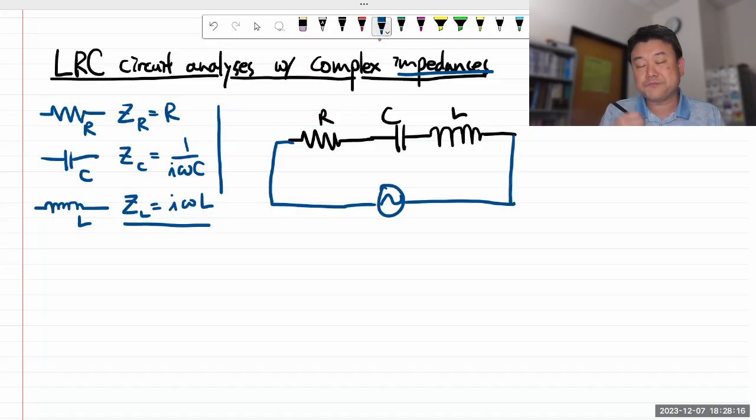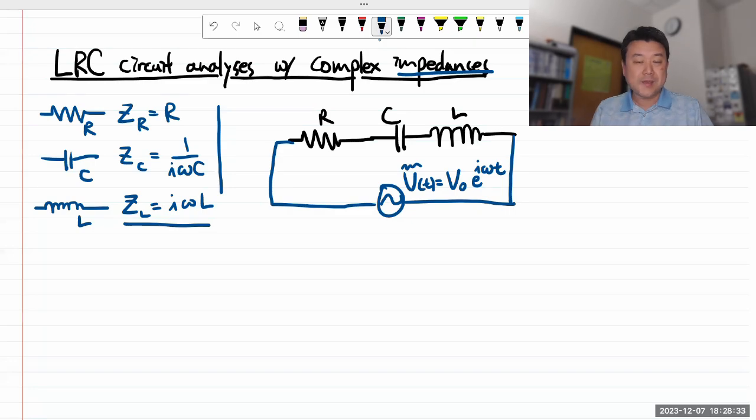In the realm of complex impedances, I might describe this voltage source as a function of time with some amplitude V0, and then the complex part, e to the i omega t. If I'm trying to do this without complex numbers, I might describe this e to the i omega t as a cosine of omega t, and so on.